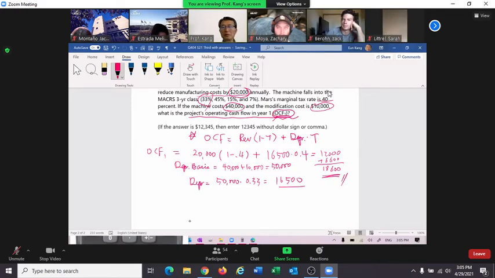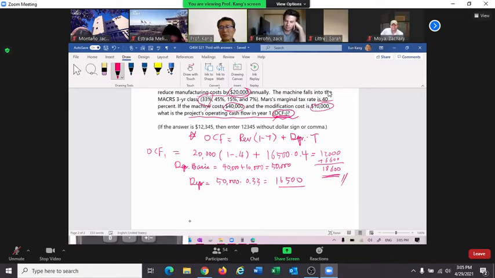Yeah, modification cost is, for you to do your business, you have to modify the machine, right? For example, if you try to do a catering business and you buy a truck, you have to make sure that you put in shelves, whatever. It's modification cost.